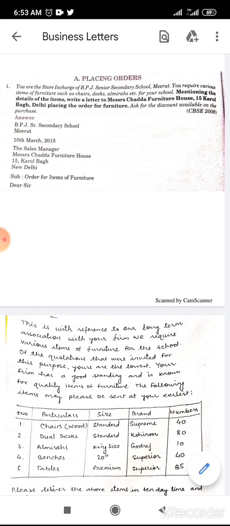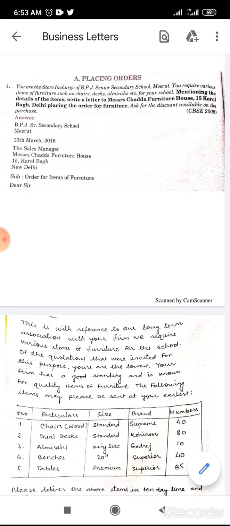And your order is about the items of furniture. And then the salutation, and you might have seen the subject sometimes written before the salutation, and sometimes even after the salutation.